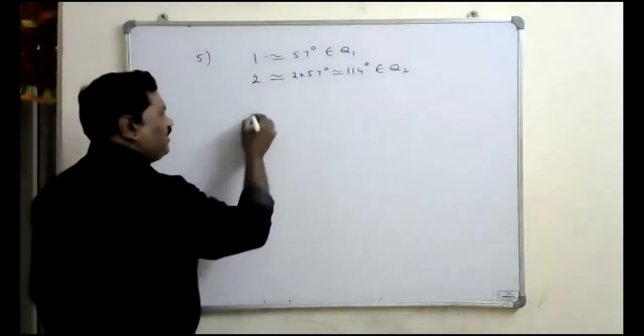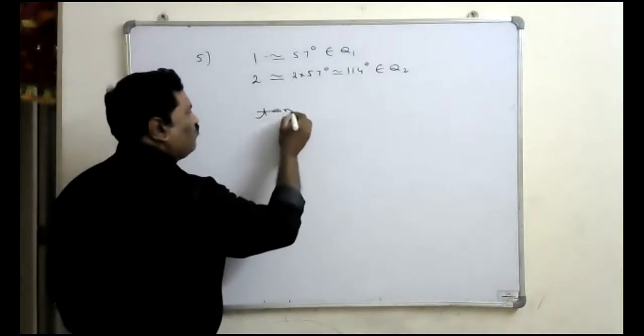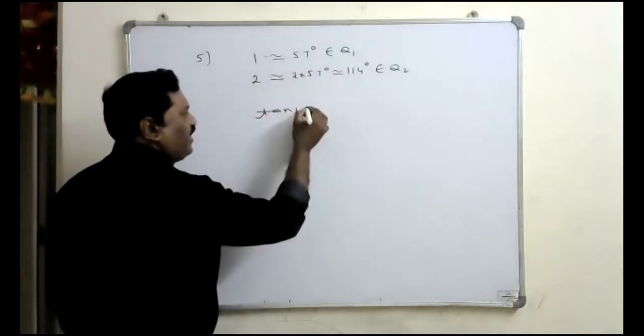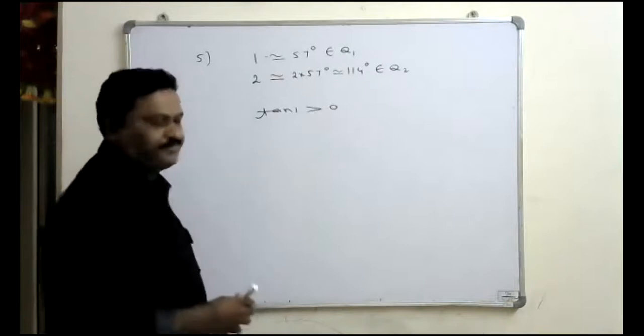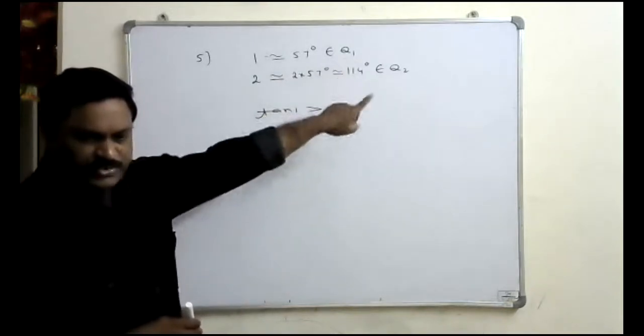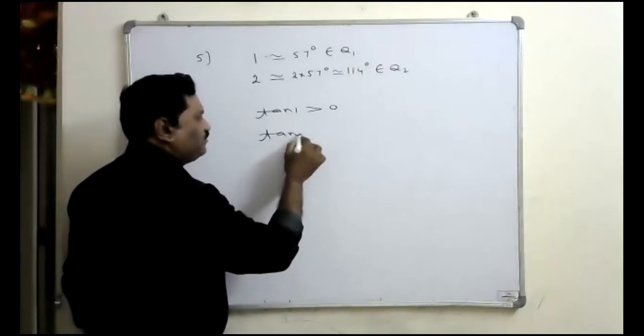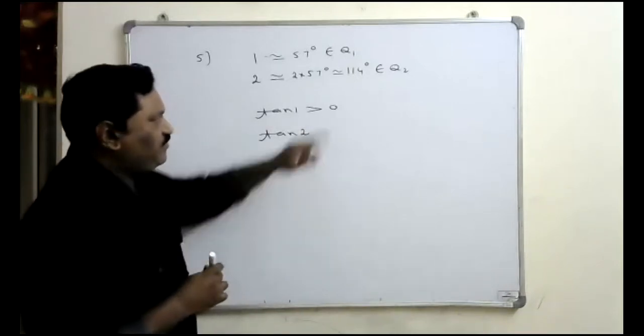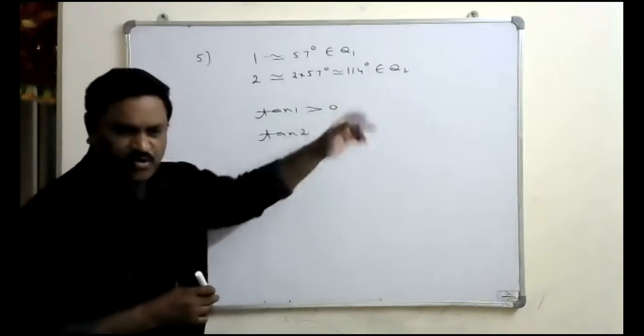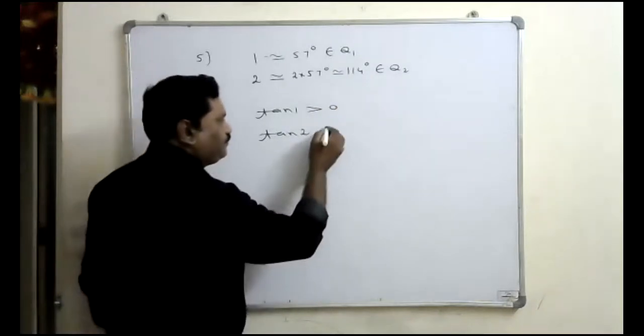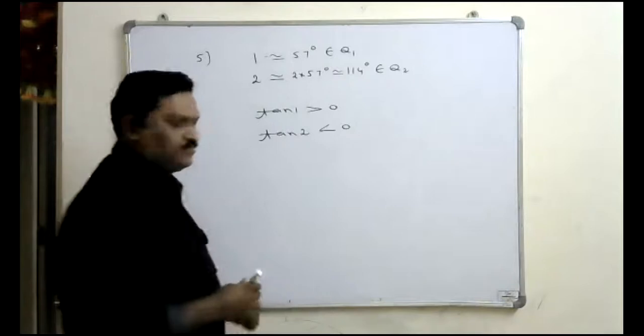Now I have to consider that tan 1. Tan 1 is in the first quadrant. So tan is positive. 57 degrees is in the first quadrant. Tan 1 is positive. And tan 2, if I consider, where 2 is in the second quadrant. In the second quadrant, what is tan? Negative.